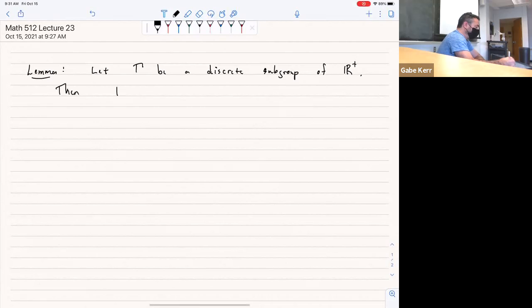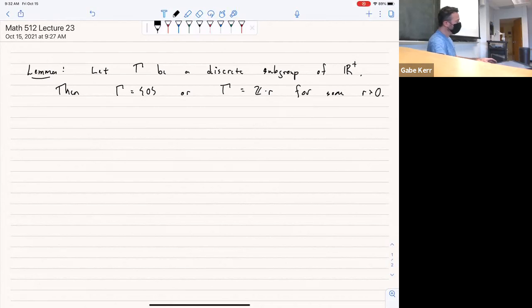either gamma is 0 or gamma is equal to Z times r for some r. Here we can say take r positive. It could be anything non-negative, with zero being the zero case.